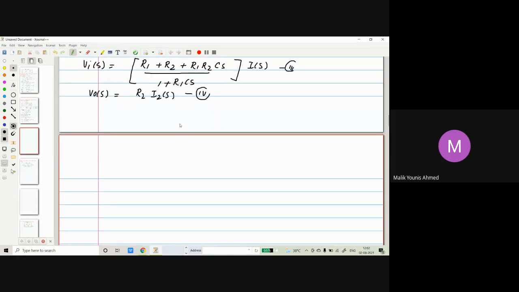Now the transfer function is the ratio of output to input.